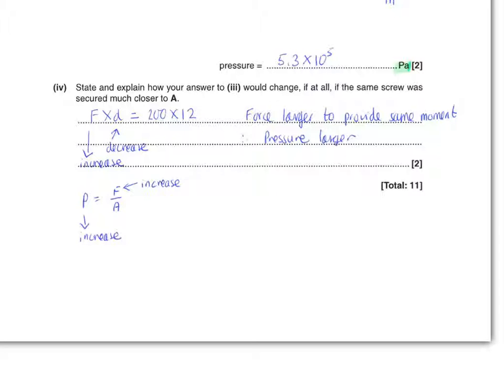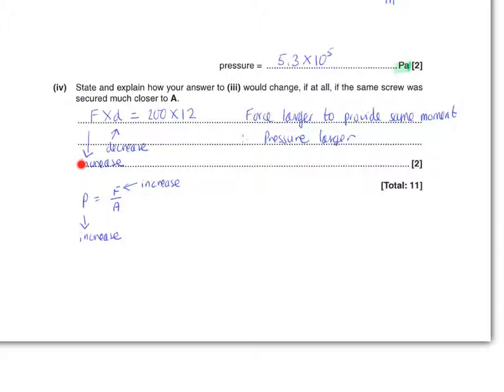So we go right back to that point and see how each of the variables is affected. If we decrease this distance, but this moment must remain the same, then we would need to increase the force in order to get the required anti-clockwise moment to keep everything in equilibrium.